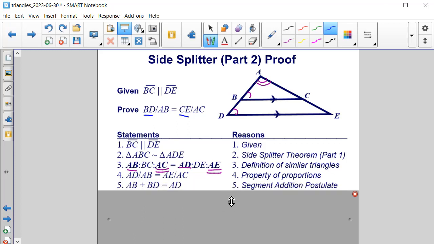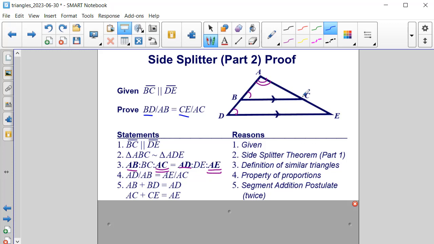And we can do the same thing for AC plus CE equals AE. We're using the segment addition postulate twice. You could either write them as separate statements like 5 and 6 and write the segment addition postulate as the reason two times in a row, or you could list both of these under one statement and write down the postulate one time. It's entirely up to you.